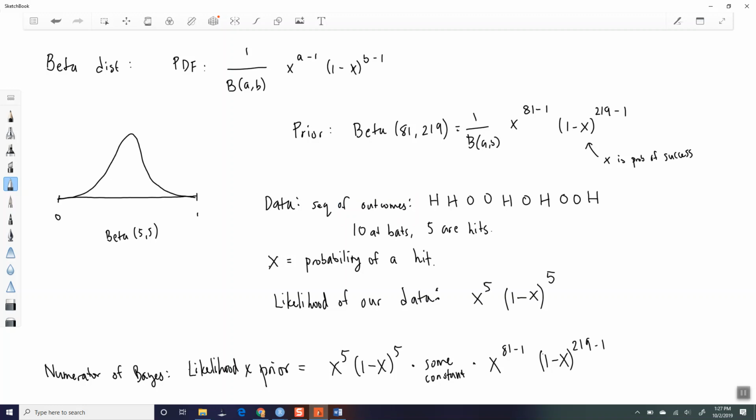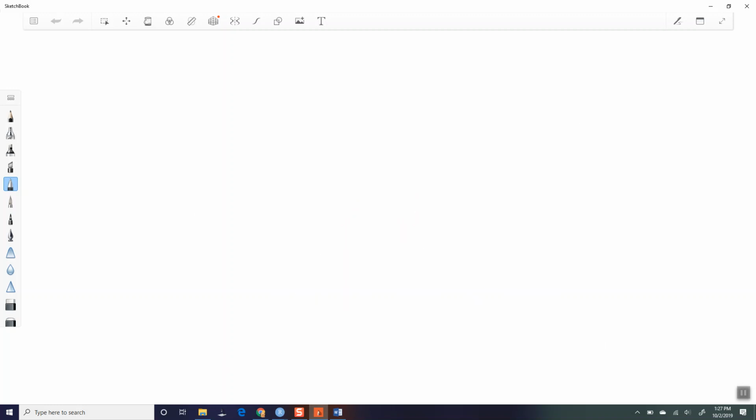If I combine all of that, the Bayes' rule numerator ends up being x to the 5th and 1 minus x to the 5th and a constant times x to the 81 minus 1, 1 minus x to the 219 minus 1.